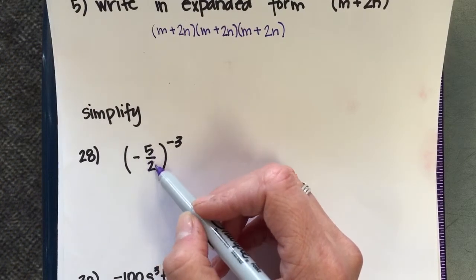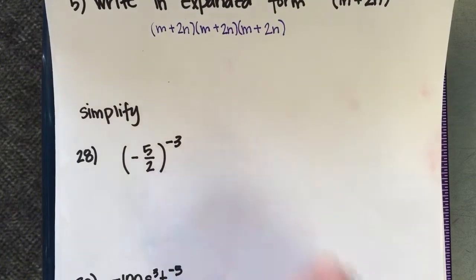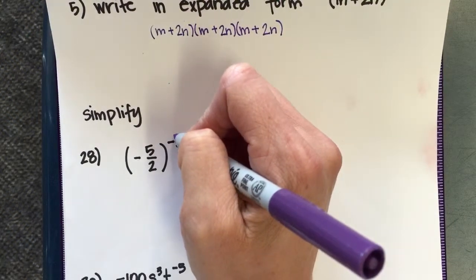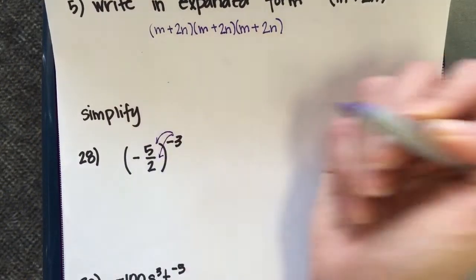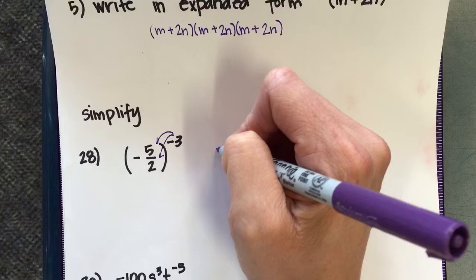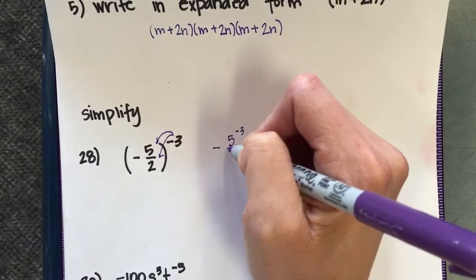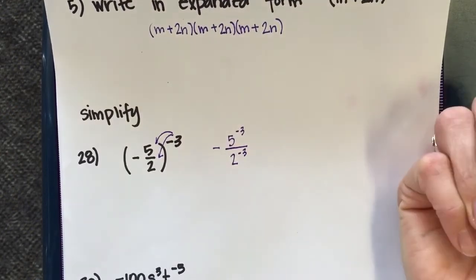So flipping this over would then change that to a positive 3, and you could then distribute it through. Just to be consistent, I'm going to do it the first way. So when you have an exponent outside parentheses, it gets distributed through to everything inside. So we have negative 5 to the negative 3rd power over 2 to the negative 3rd power.